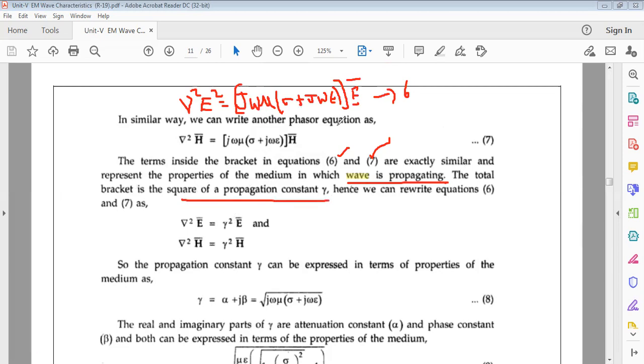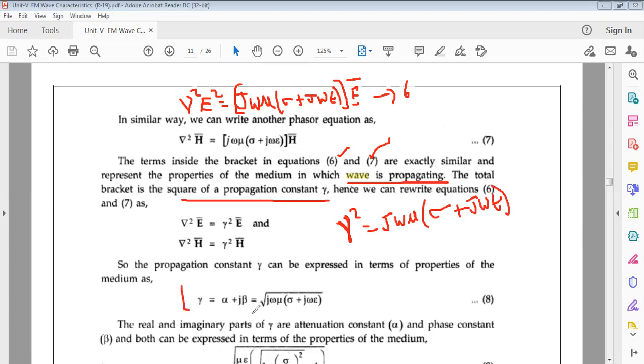Gamma square is equal to whatever there is in the parenthesis for the two equations, 6 and 7. The total bracket is the square of the propagation constant gamma, equal to j omega mu into sigma plus j omega epsilon.